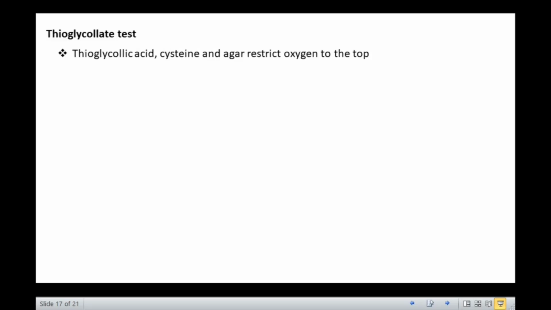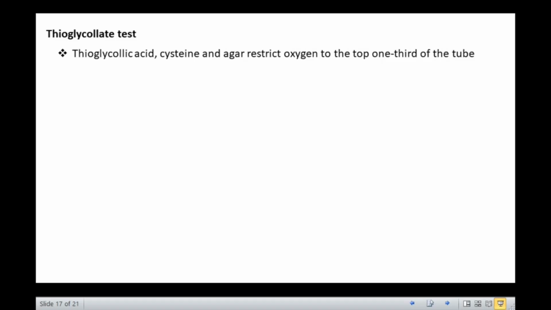It is easy to determine the oxygen requirements of a microbe by simple laboratory procedures, one of the easiest being the thioglycolate test, which can differentiate bacteria into these 5 groups based upon their relationship to oxygen. Thioglycolate agar contains thioglycolic acid, cysteine and agar that restrict oxygen to the top 1/3 of the tube.